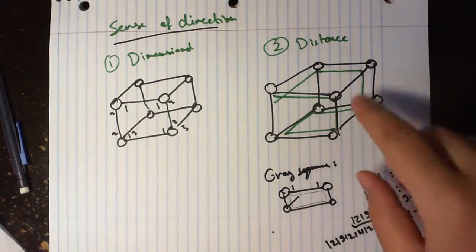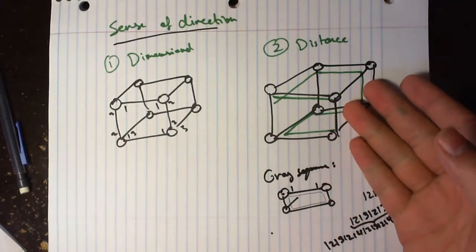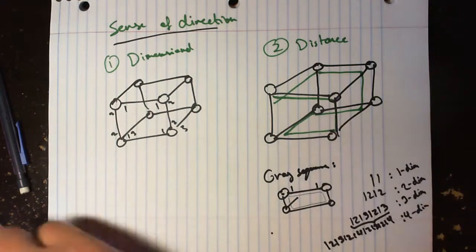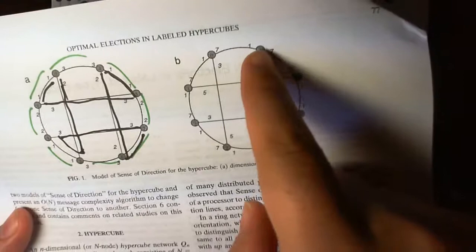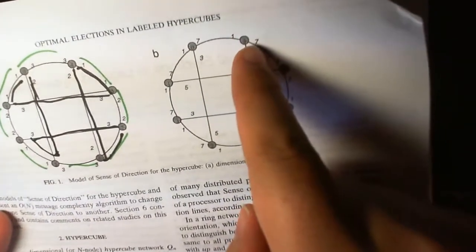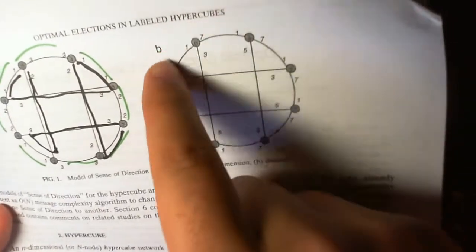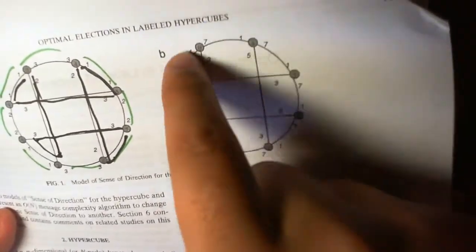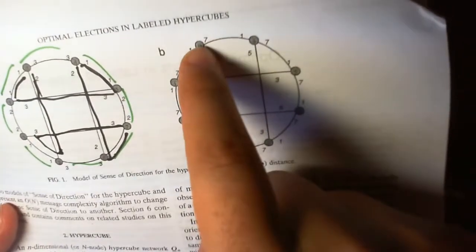Okay, so let's begin with this distance-based one. We have a sensor direction that's based on the distance of nodes from each other. In this example, you can see the distance from node 4 to node 0 is 1. Let's assume they constructed the Hamiltonian cycle that goes in this direction. So it's easy to see that this is distance 1.